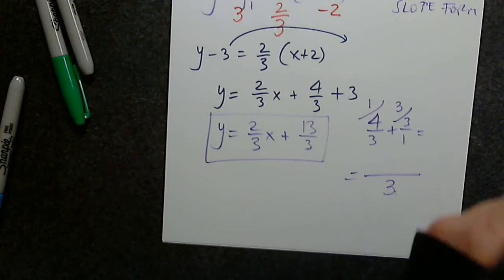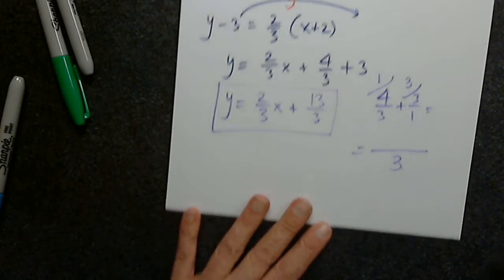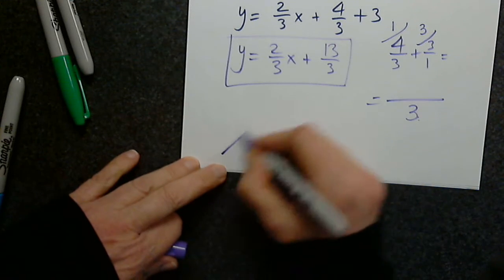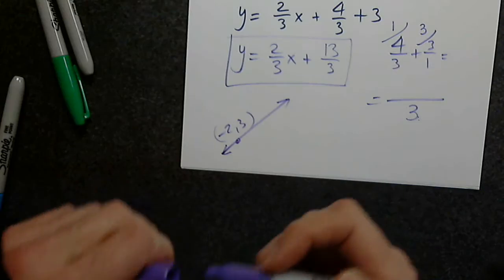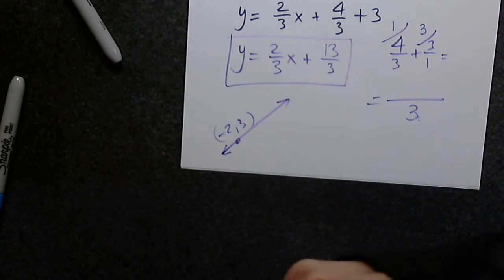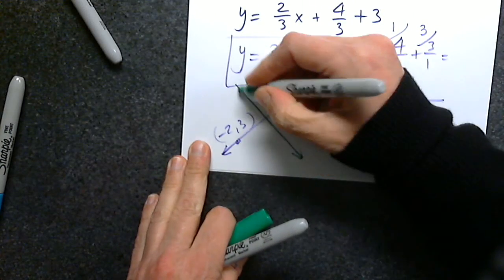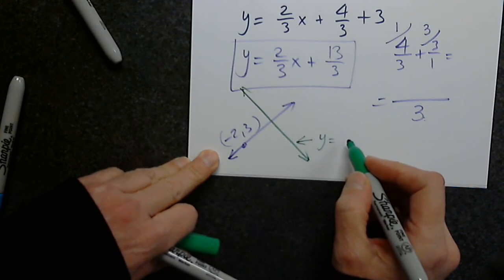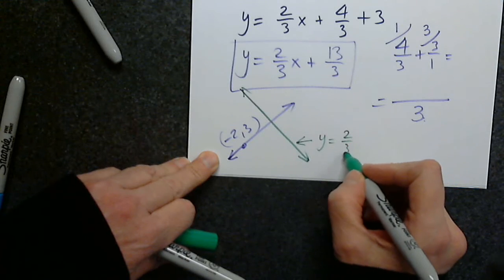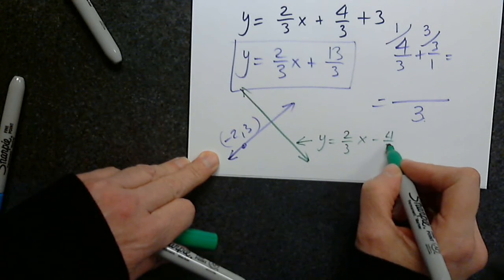Now the scenario is different. We want a line that passes through negative 2, 3, but this time is perpendicular to the line whose equation is y equals, because we solved it, 2/3 x minus 4/3.